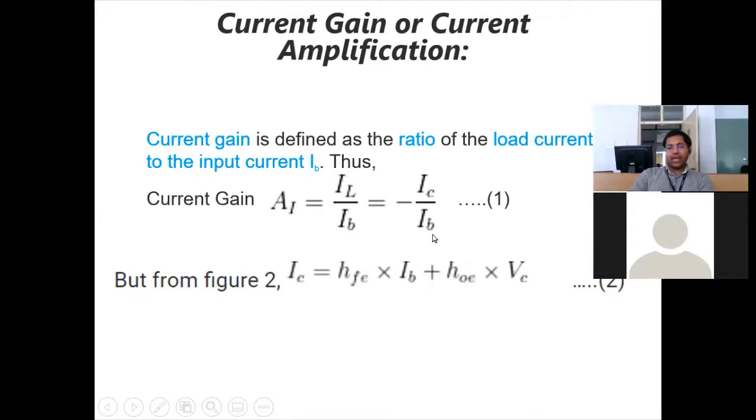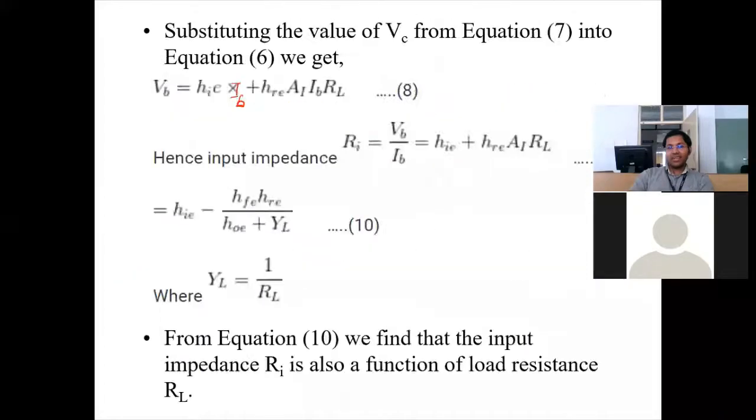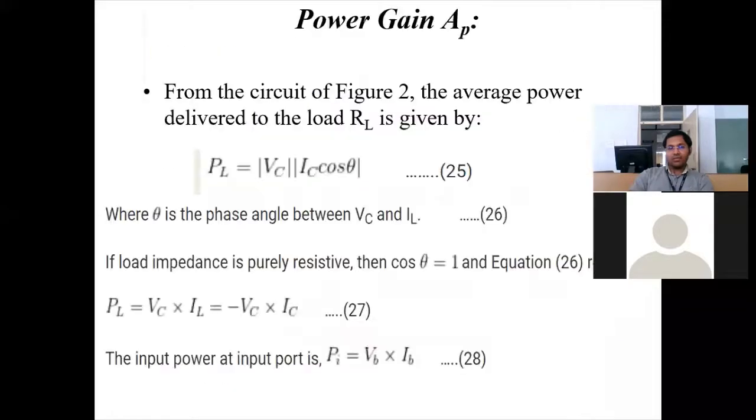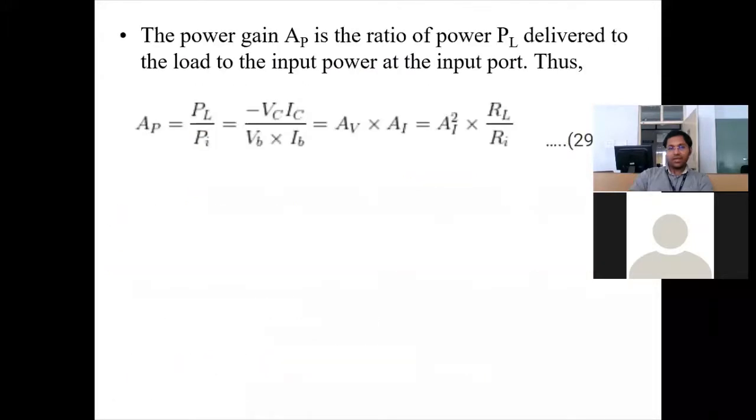So the AI and AV expressions which we derived earlier, now we are bringing them here. VC by VB I can write as AV, and minus IC by IB as AI. So simply AV into AI is the power gain. Voltage gain multiplied by current gain gives you the power gain.